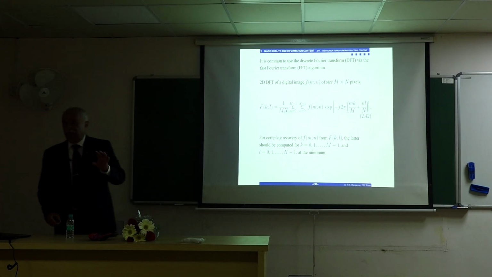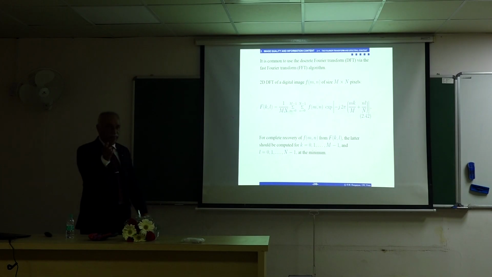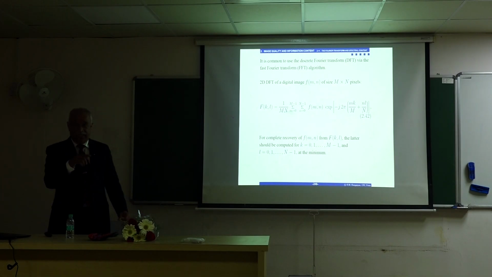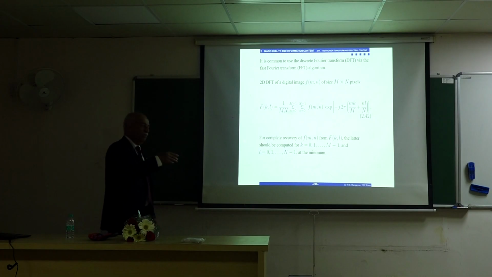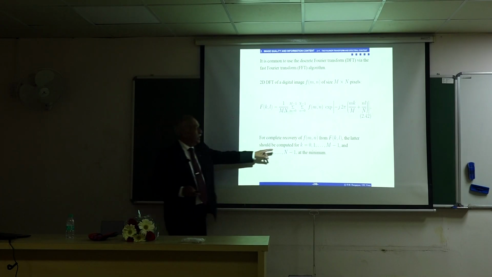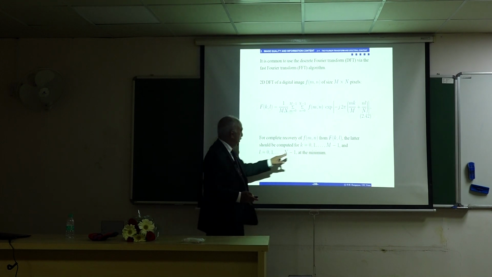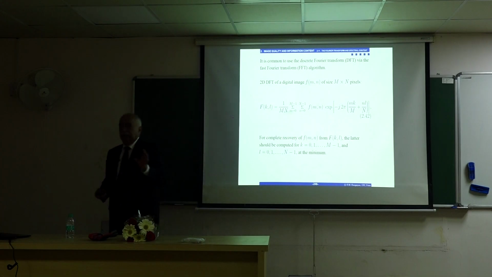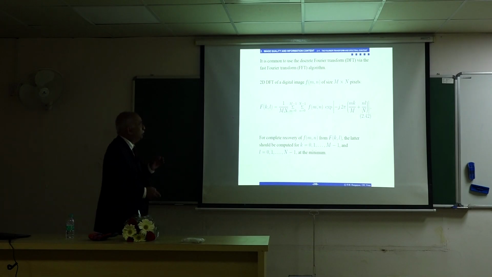That is, if you have an M by N image, the DFT must be minimum M by N for complete reversal. Otherwise, you lose information if it is less. If it is more, no problem. You get more sampling in the frequency domain, and coming back to the space domain, you get the original. But if you use a lower number of values in the frequency domain, k and l, than the number of sample values in the input, then full recovery is not possible.